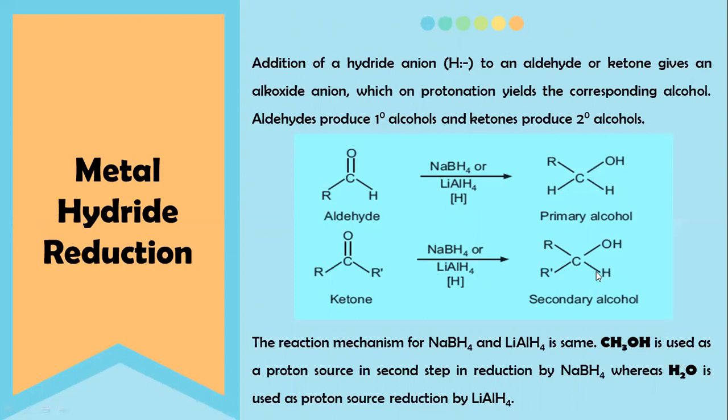So when we carry out a reduction reaction using metal hydride, a carbonyl compound, if it is an aldehyde, converts into primary alcohol, and if it is a ketone, it converts into secondary alcohol.